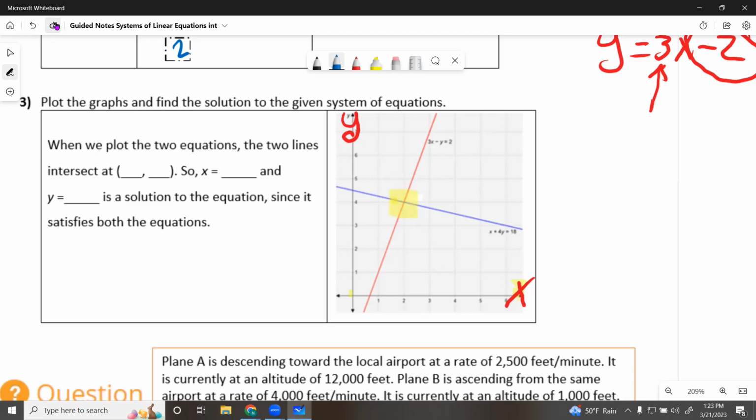Oops, wrong way. So we start here on the bottom and we go over to the 2, because this is over 1, 2, to get over here. So that brings us up to the 2 on the x-axis. And then we know we're going to go up to the 4 on the y-axis.